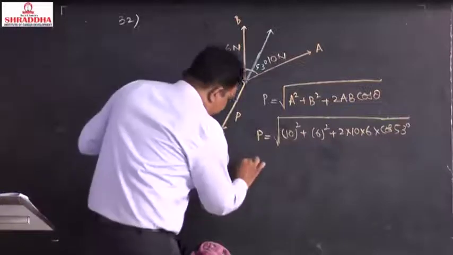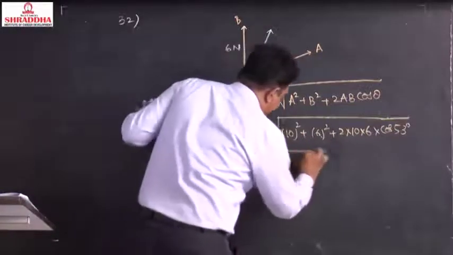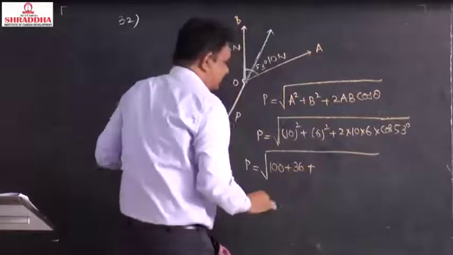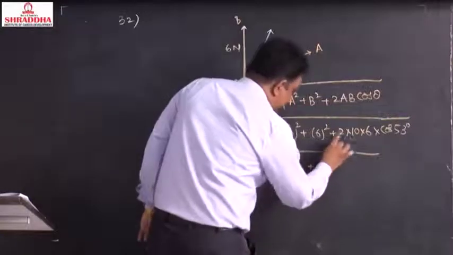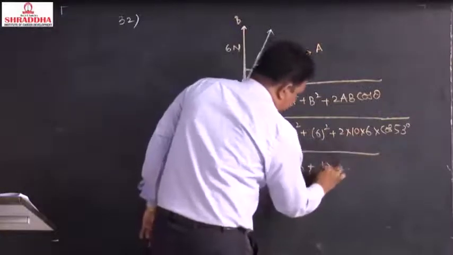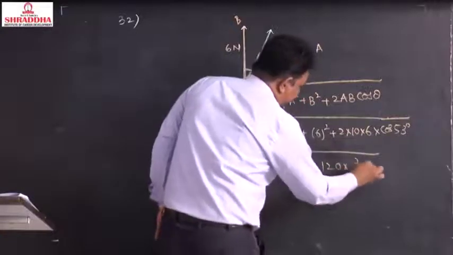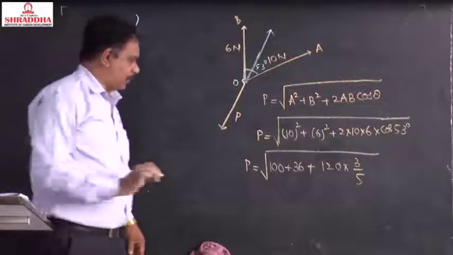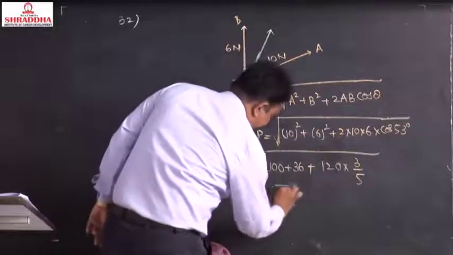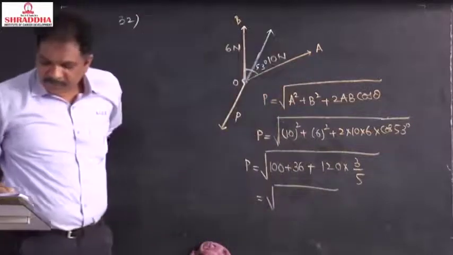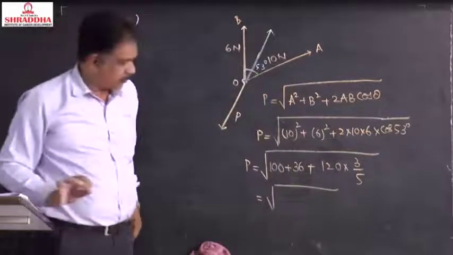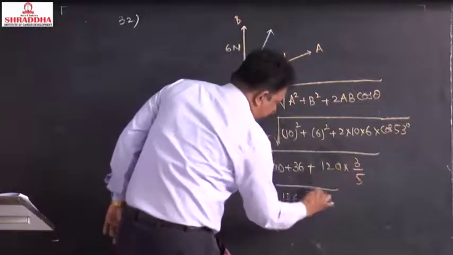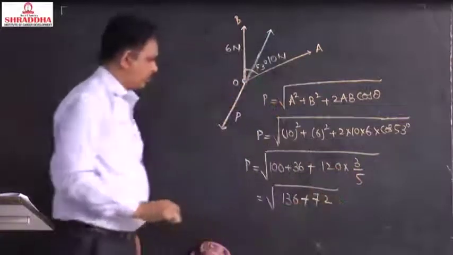You substitute those values. P is equal to square root of 100 plus 36 plus 20 into 6, 120 into 3 by 5. This value will be 72. So this is 136, and 24 3s are 72.